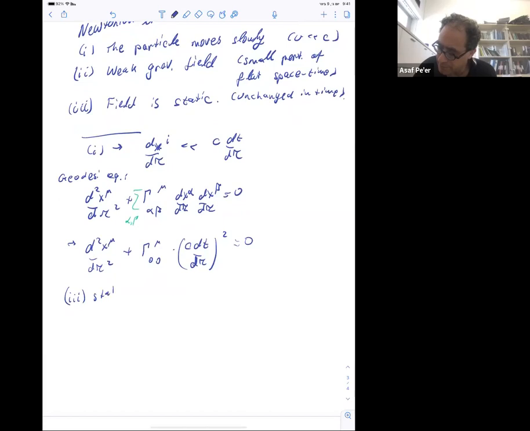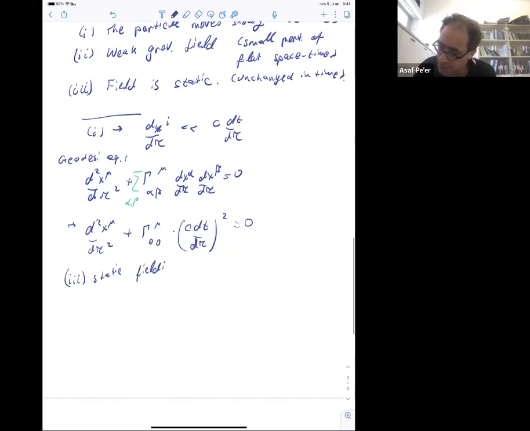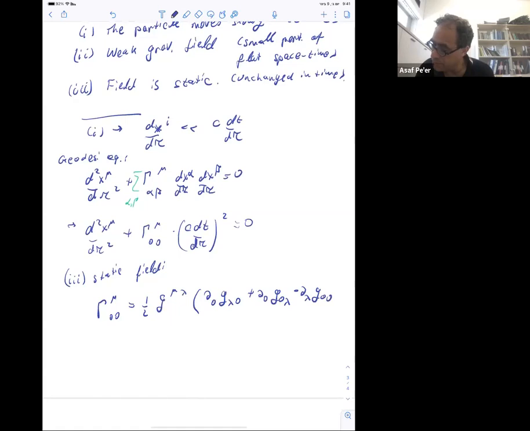Static field means that I can write Γ^μ_00 as 1/2 g^μλ (∂_0 g_λ0 plus ∂_0 g_0λ minus ∂_λ g_00), from the definition which we just learned.